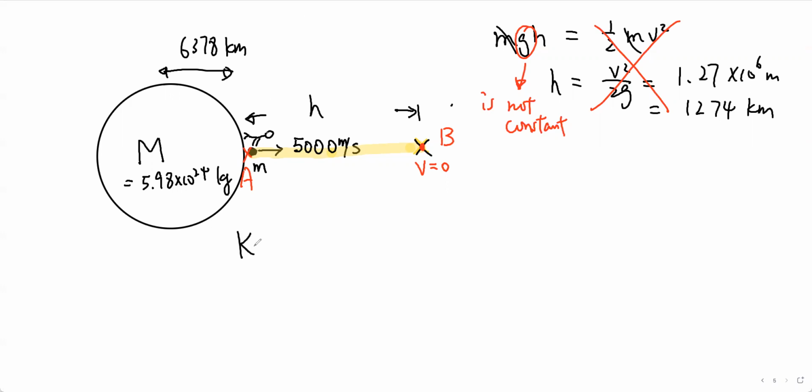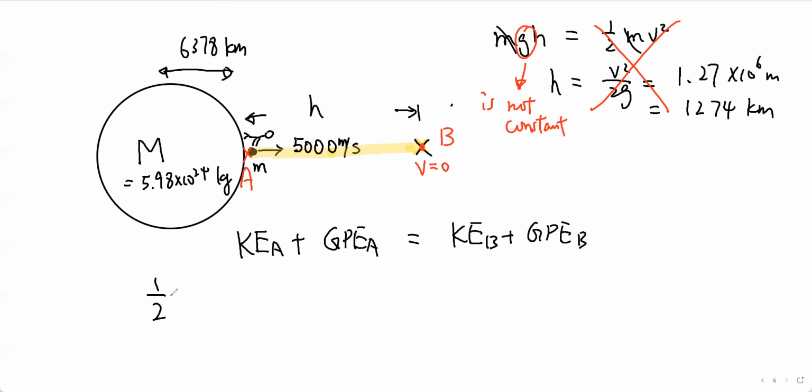So that means KE at point A plus GPE at point A equals KE at point B plus GPE at point B. Understand? So that is, the initial total energy equals the final total energy.